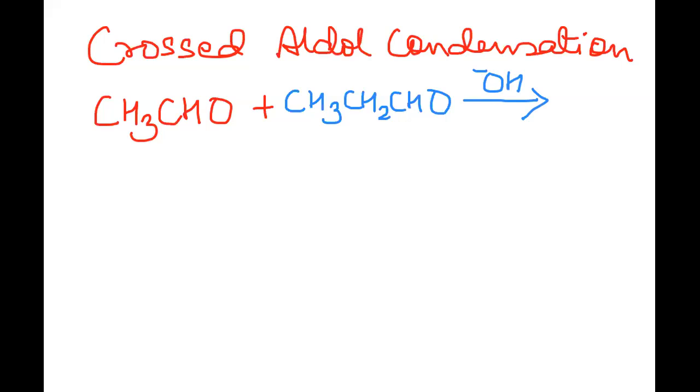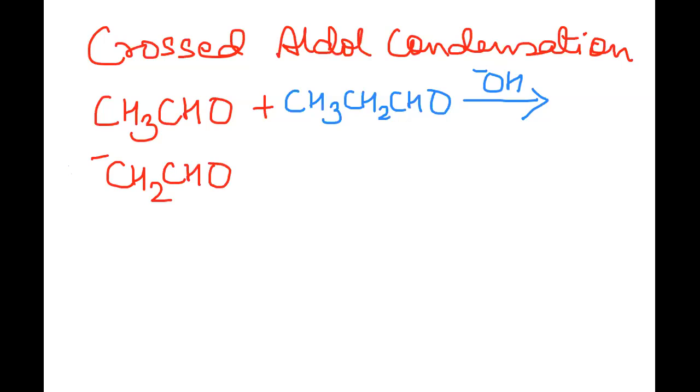What this OH minus will do is, it is capable of forming two kinds of nucleophiles. When it attacks the CH3-CHO group, then the nucleophile obtained is CH2 negative and a CHO.